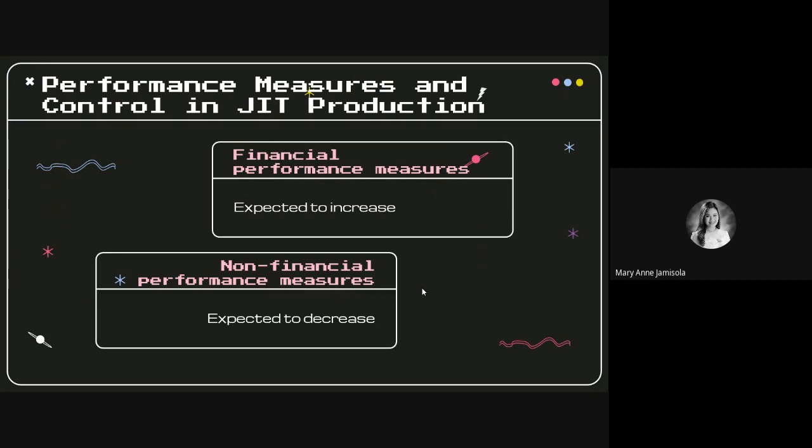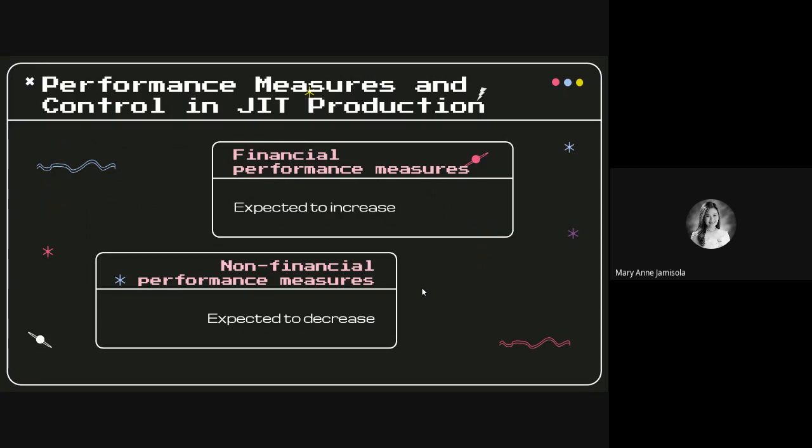For non-financial performance measures, these are measures of time, quality, inventory, such as, for example, manufacturing lead time, units produced per hour, number of days of inventory on hand.